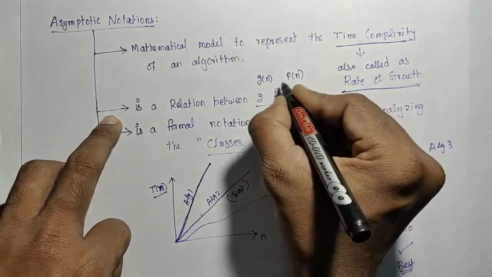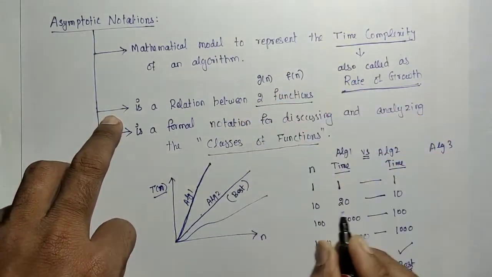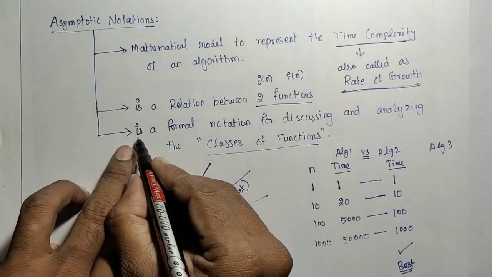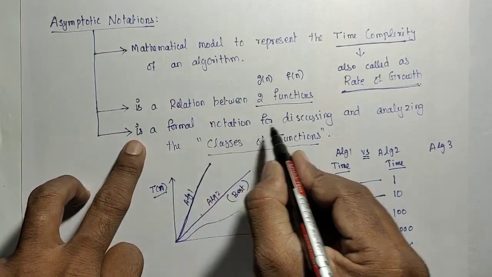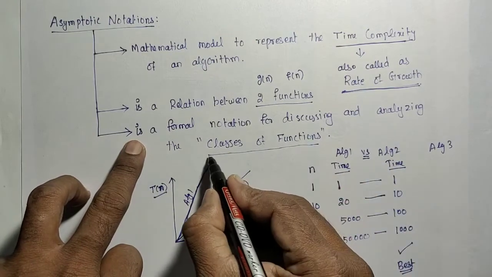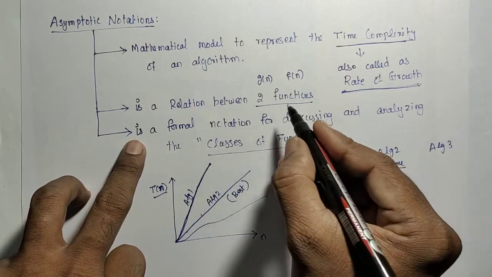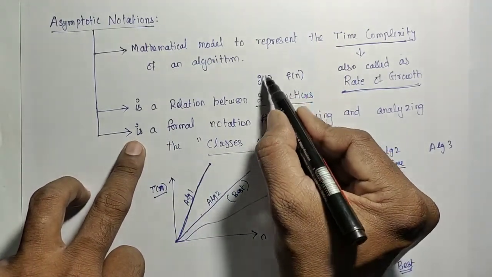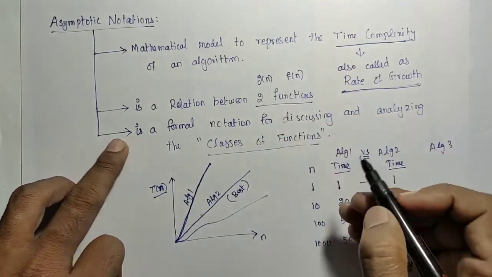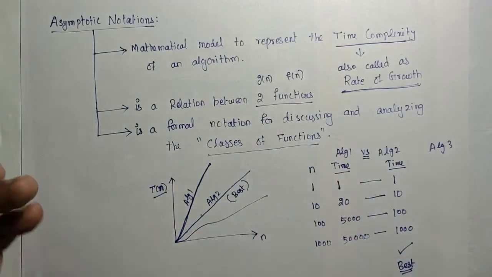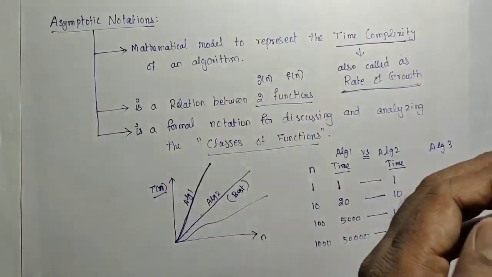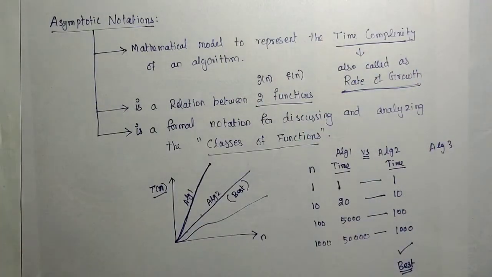It is a formal notation for discussing and analyzing classes of functions. That is, we are going to say this particular function belongs to this class of functions. Classes means we are going to group them: these functions are under this group, and this function belongs to this group. Like that we are going to say.